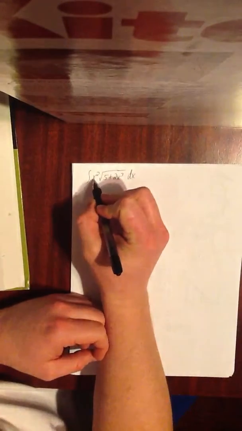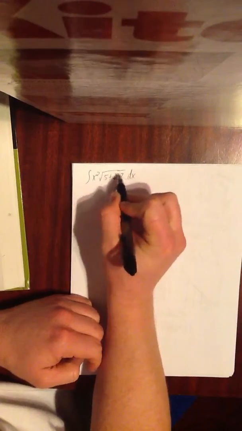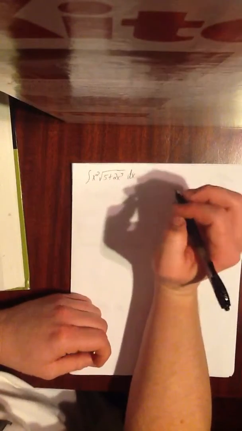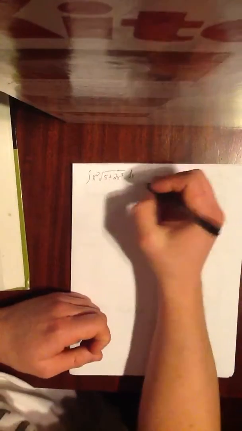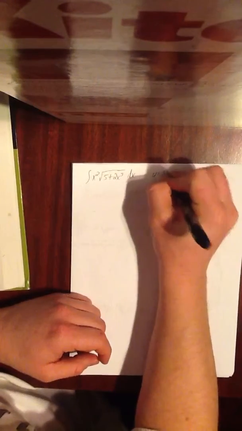This one's not bad. You might think u equals x squared might work, or you might think u equals that might work. Again, we'll talk about how to decide that more later. Let's just get used to doing the process. On this one, we're going to let u equal 5 plus 2x to the 3rd.